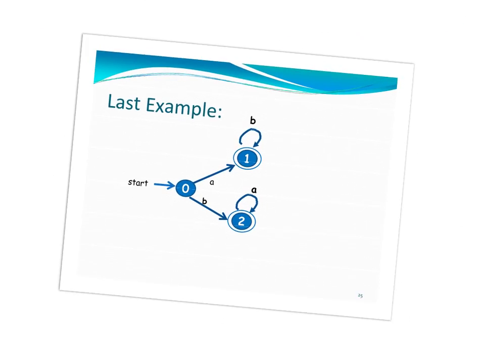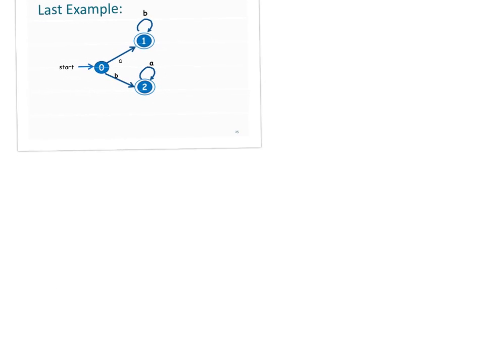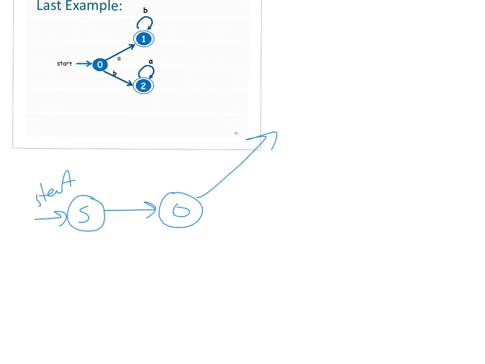And so let's move that out of the way a little bit so we can do our setup phase. And remember, our setup says you start with a new start. And we have our S state, which goes to our old start state, which was 0. And then we have an A transition going to state 1.